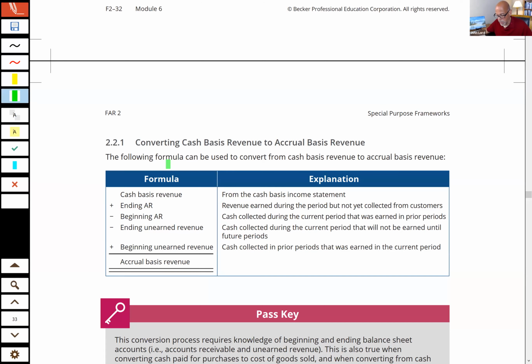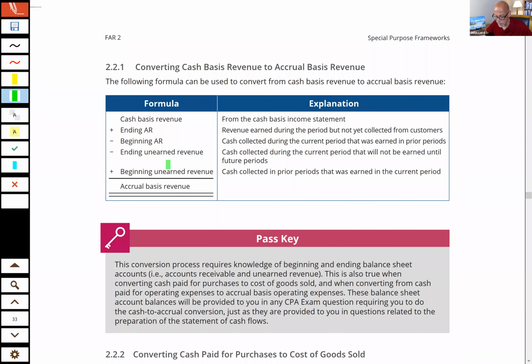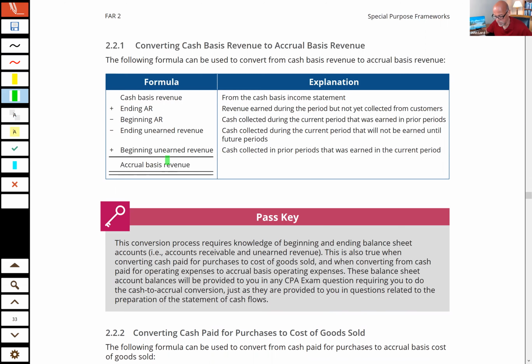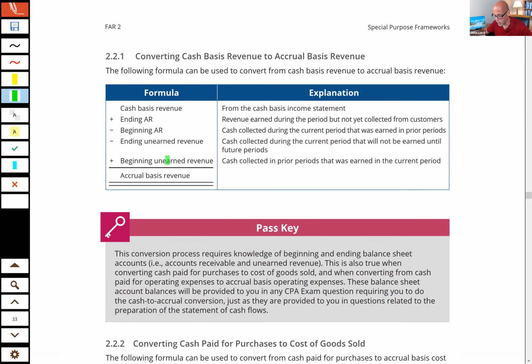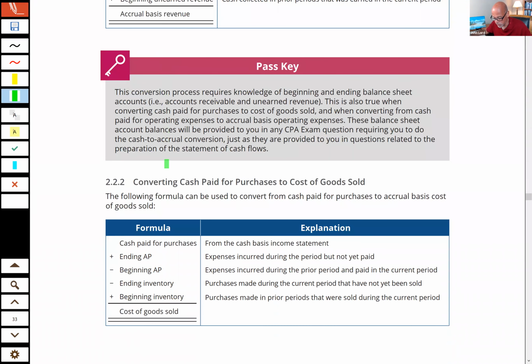Again, I don't like adding the beginning and subtracting the ending and minus unearned, because if they give you the ending and the beginning, you can calculate what the change was for the period, and I told you what to do with the change. So it's fewer calculations than what they're showing you there. That's why I don't like how they've talked about converting cash basis revenue to accrual basis.